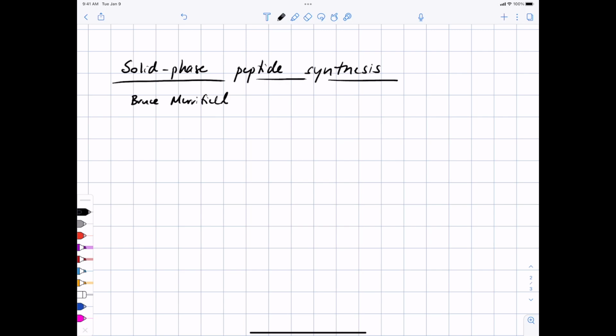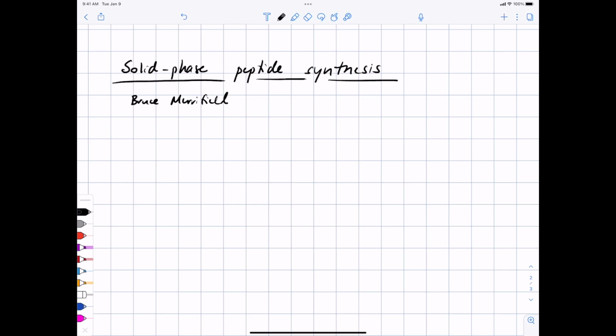And it's why today, if you want, you can go online to any number of peptide synthesis vendors and order a peptide. You type in the sequence, they mail it to you. It takes probably a few days, but the process is pretty quick. We do this routinely in my lab all the time.